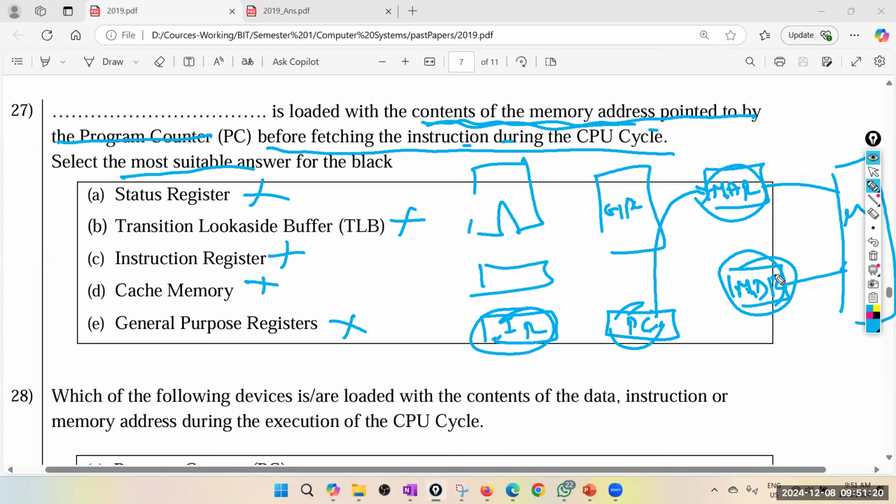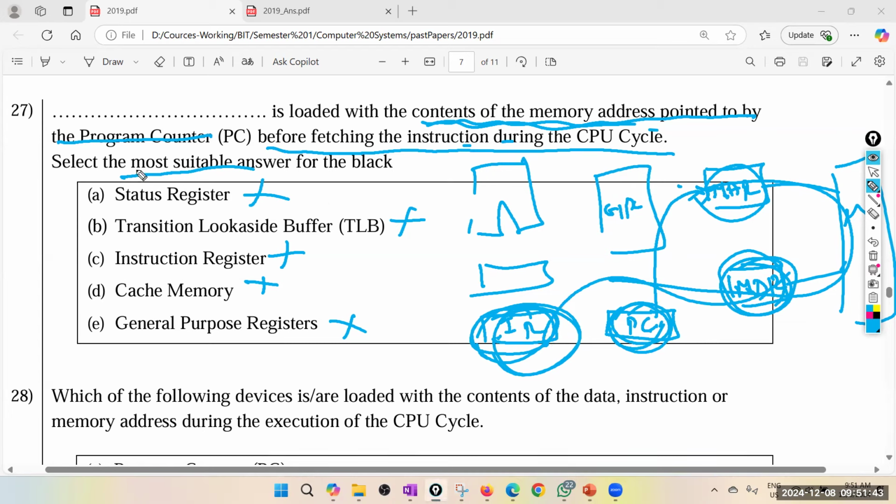So I'm looking for the memory data register or instruction register, because that is where the content of this goes later on. The memory data register or memory data buffer is not there, but the instruction register is there, because after going through this cycle, the content of the program counter's address will be in the instruction register in the next cycle.